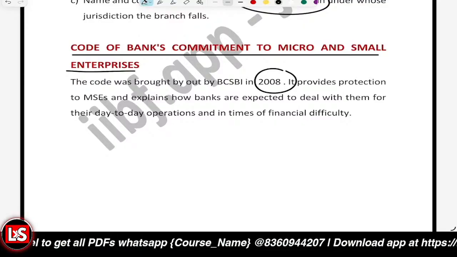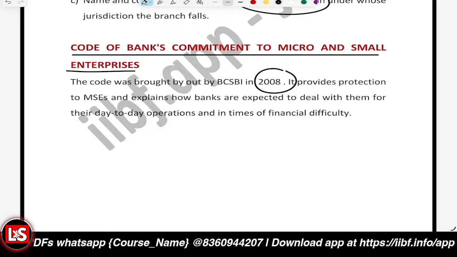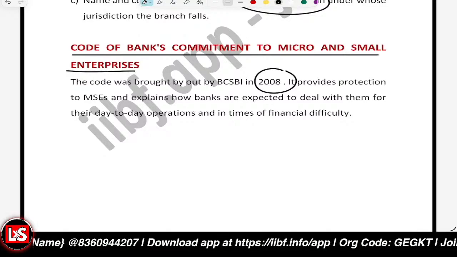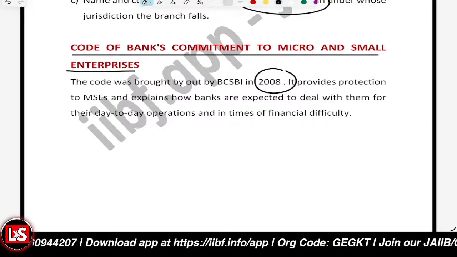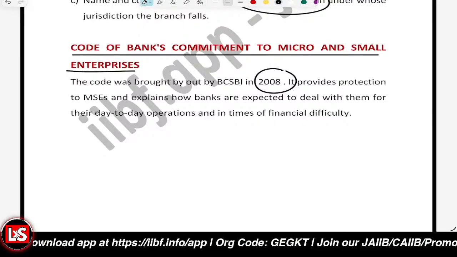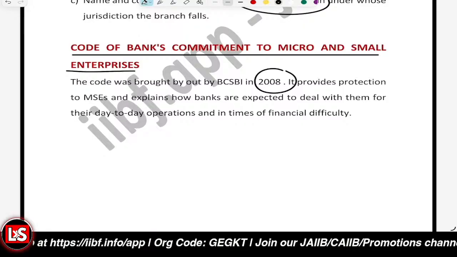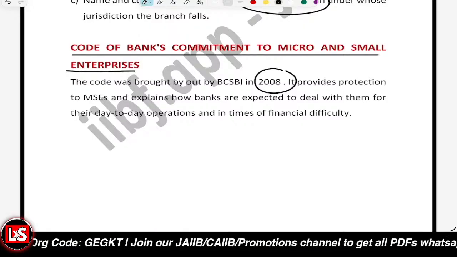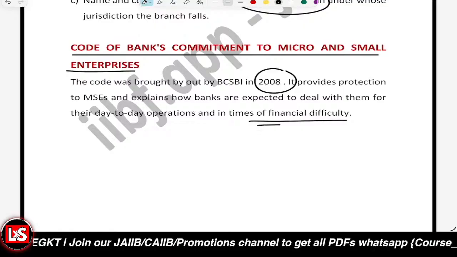It explains how the bank should deal with micro and small enterprises, related to day-to-day banking operations, credit facilities, financial difficulties and stress situations.